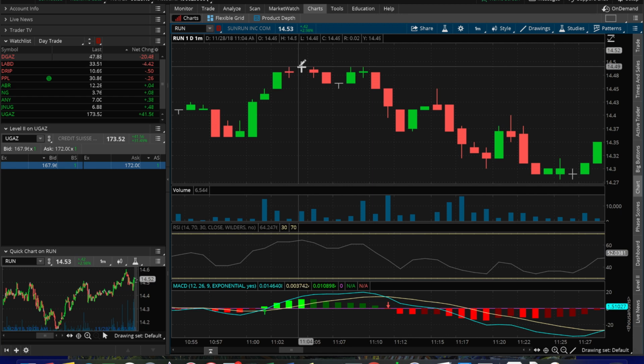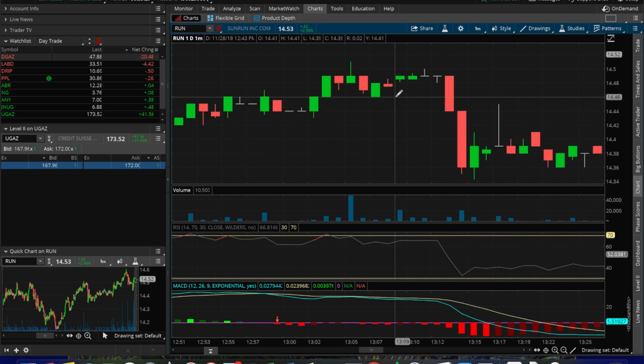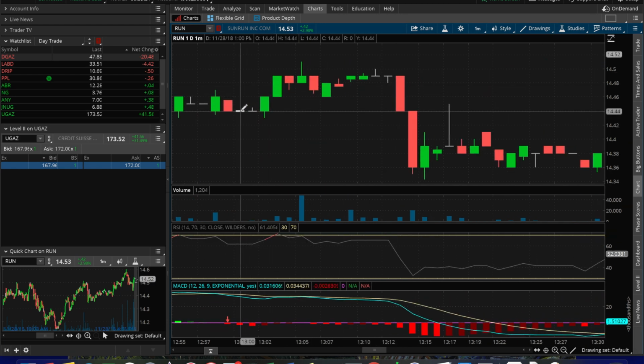So even though it opened and closed at the same price, there was still movement in between that minute of price. If you see a gray candle that has no wick, like this one here, that just means that it opened here at 1444, closed at 1444, and there was no movement in between.